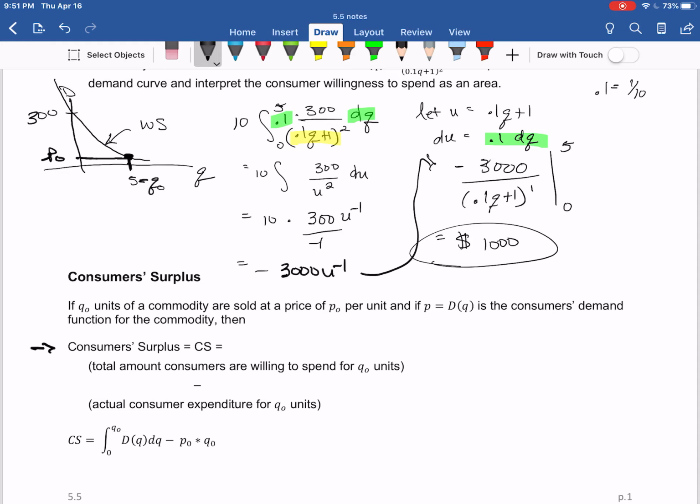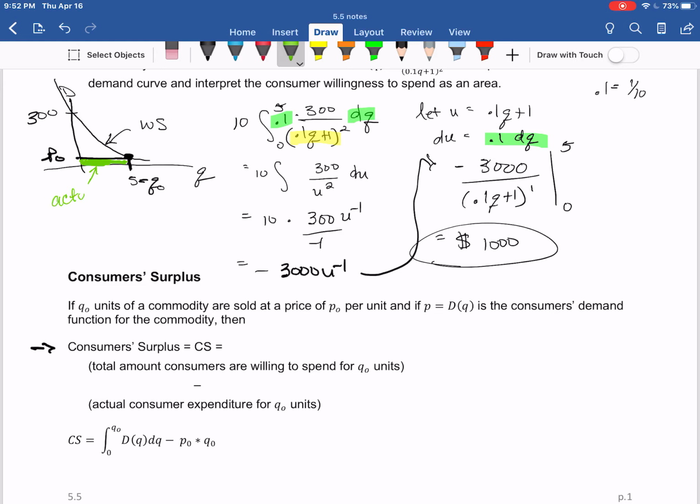And so the little rectangle that you see right there, that's the amount that they would have actually spent. They actually spent that much, okay? I'm going to shade that in a different color. The area that rectangle contains tells you how much the consumers spent.